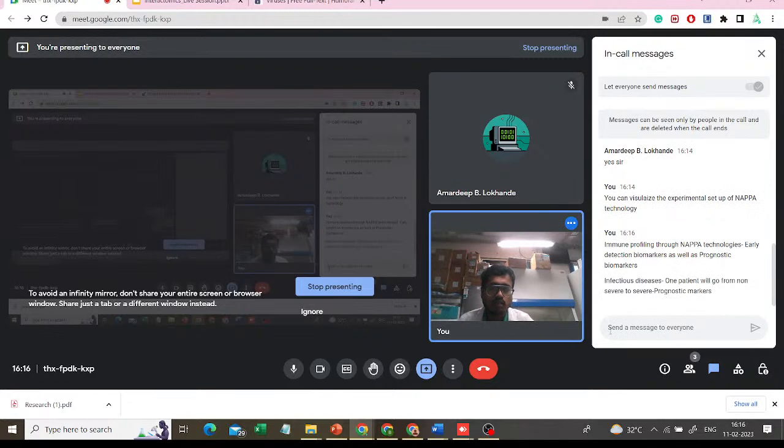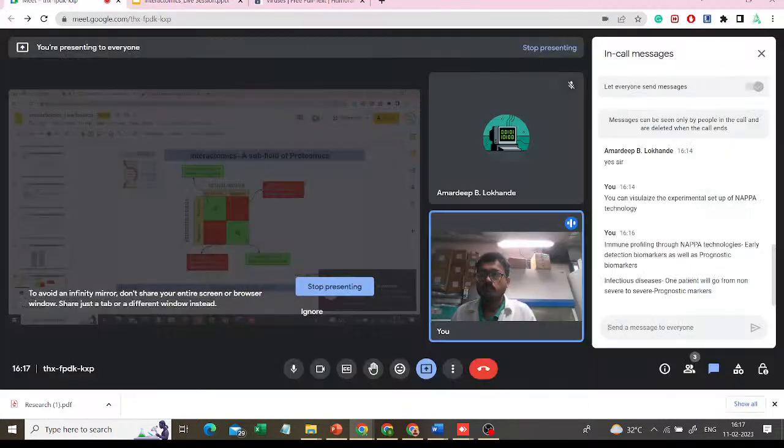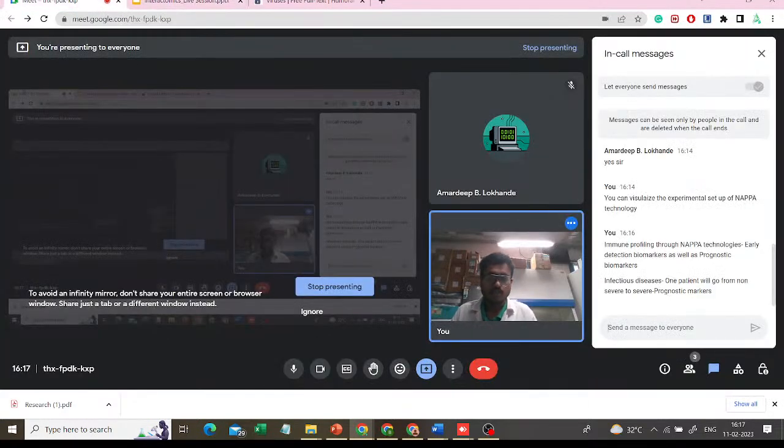So these are quite important to understand, and you can know that NAPA technology can help you in understanding those. Then immune profiling, identification of vaccine candidates, and everything can be performed through the NAPA technologies. So now, for a biomarker, you need.